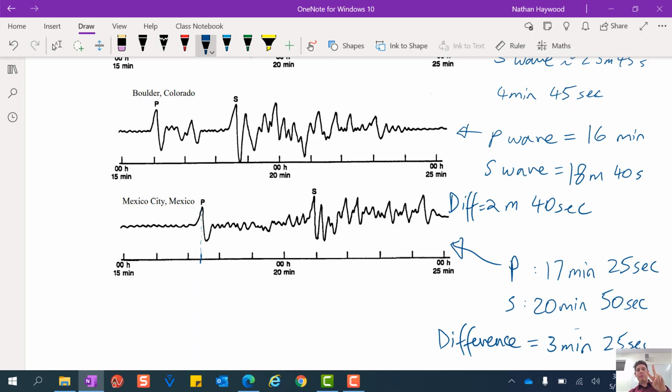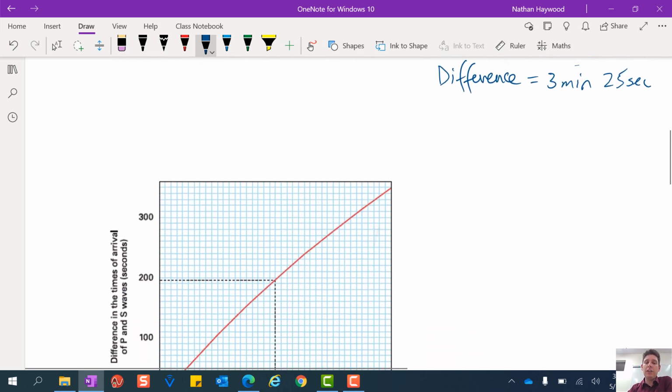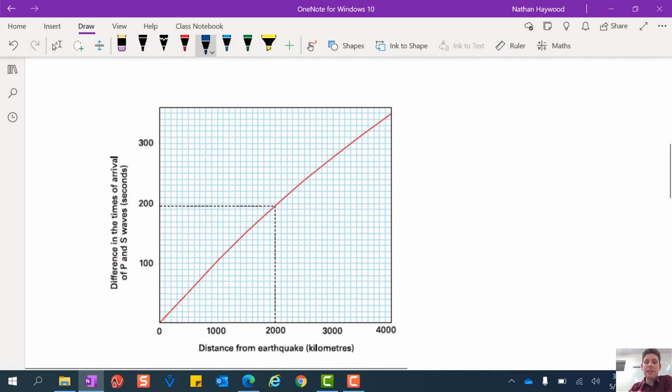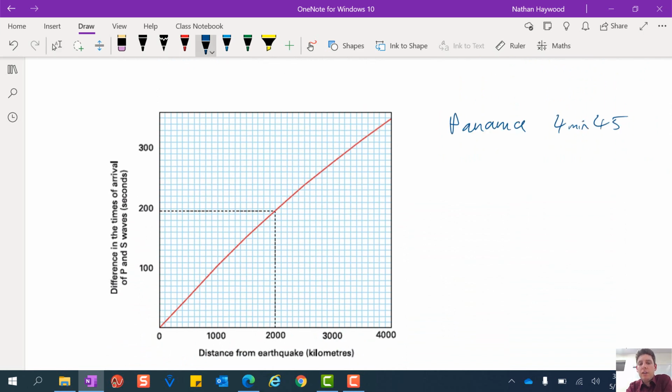the second step, going to this graph here and finding the distance from the earthquake using those times. So if we look at Panama, we have a time difference of 4 minutes and 45 seconds. Now this graph is in seconds, so we need to convert the minutes to seconds.